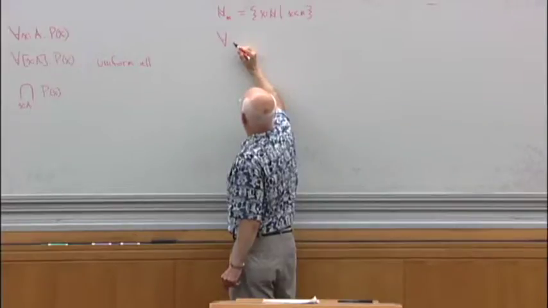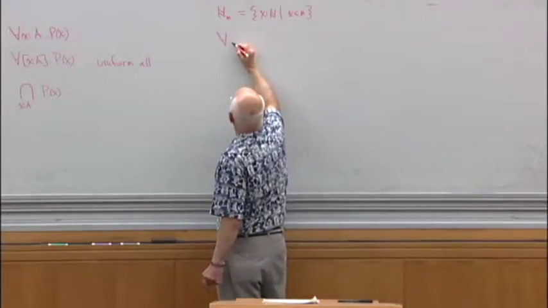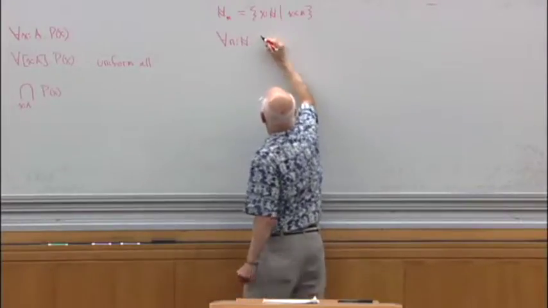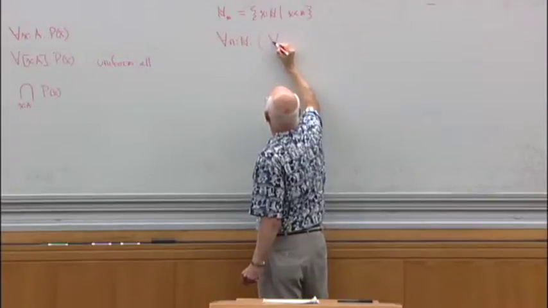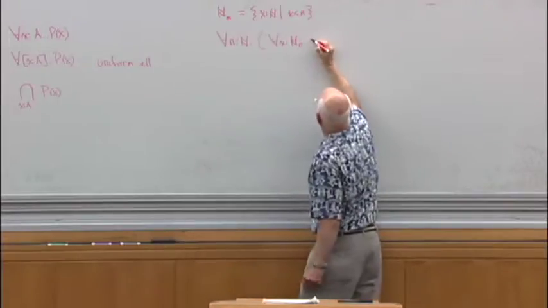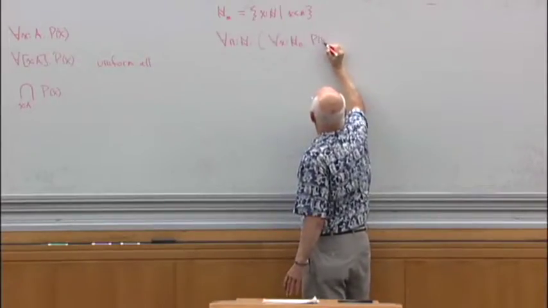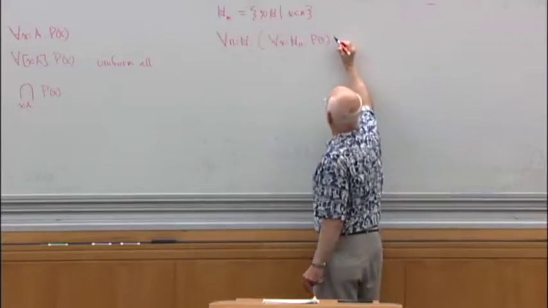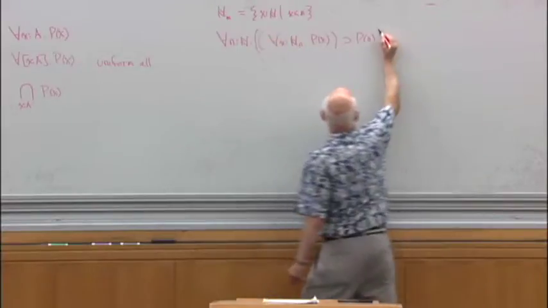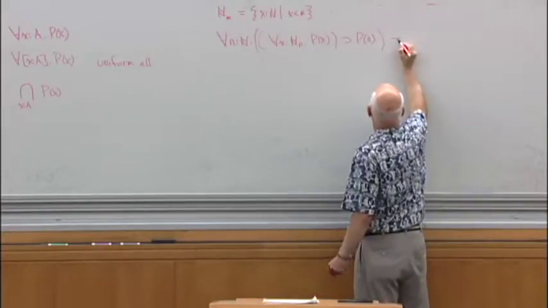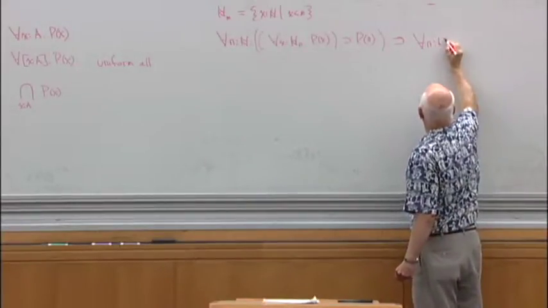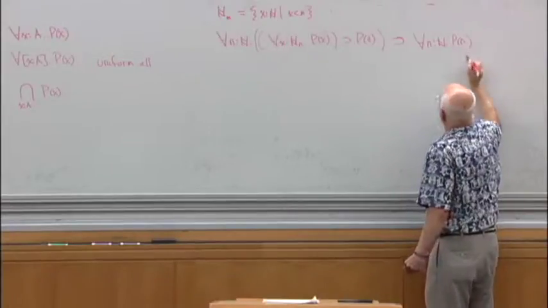So we'll say, for all n in n, if we assume p of x for all x in n sub n, and we can prove p of n, then we know for all n in n, p of n.